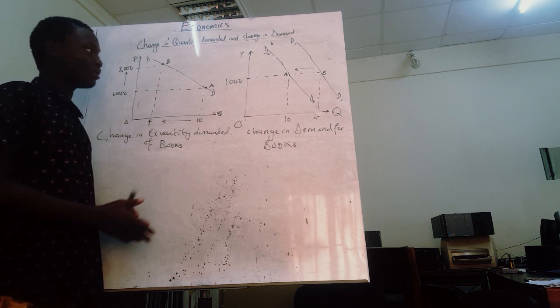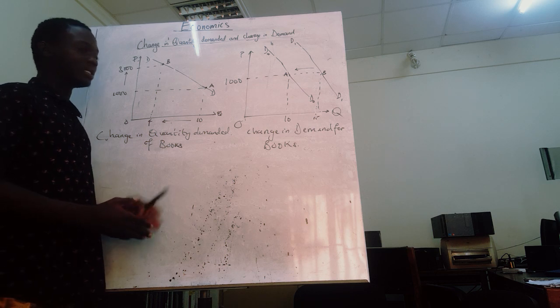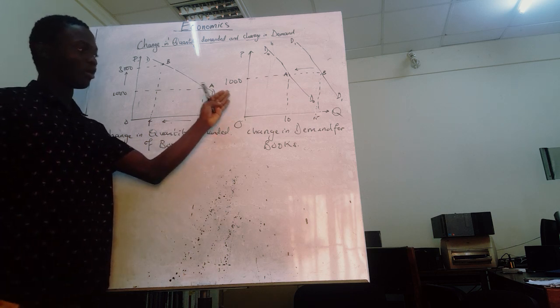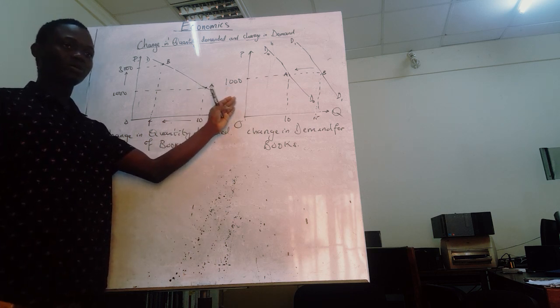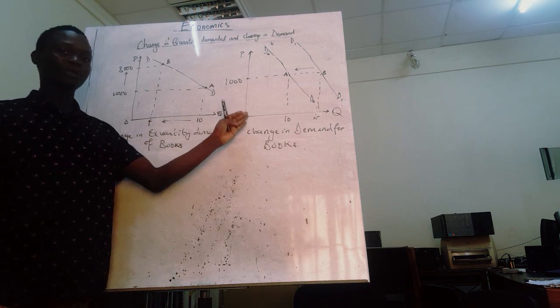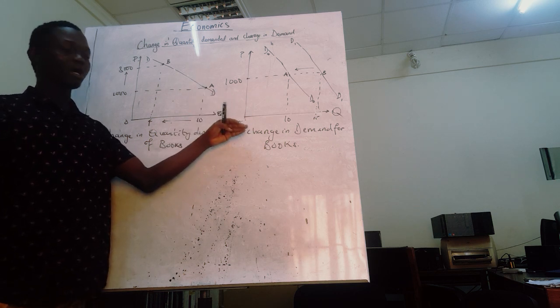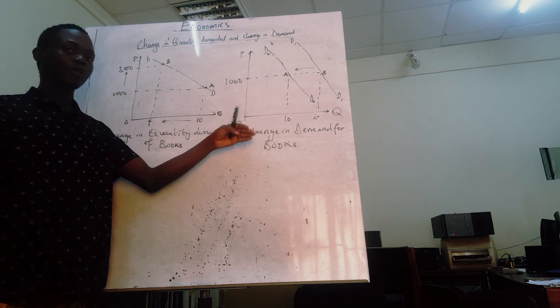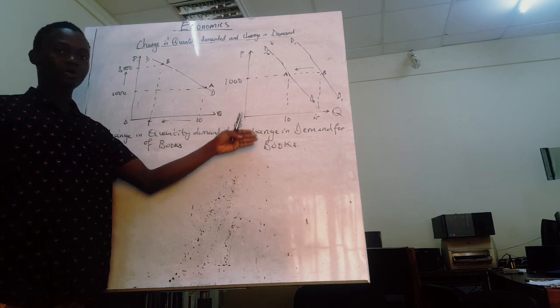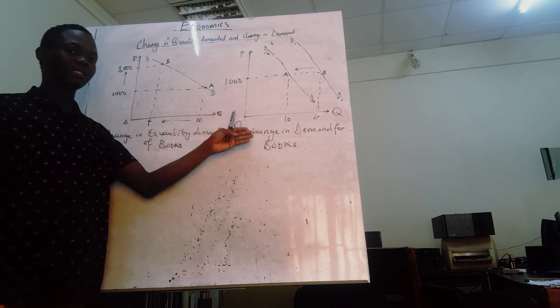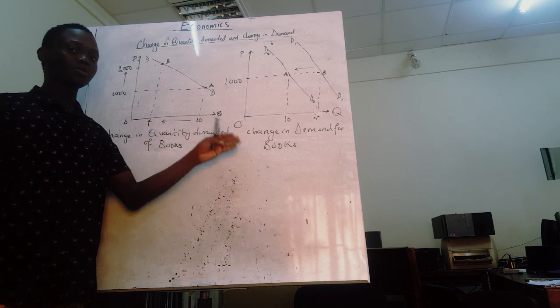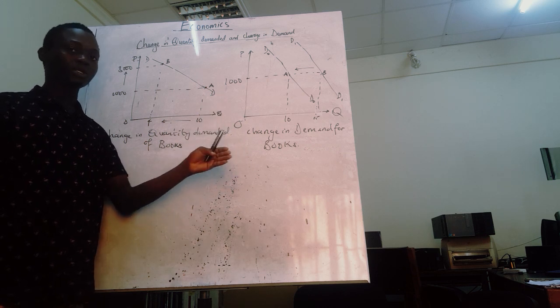So in our case, we have income affecting demand. This is what we call change in demand. So don't mistake these two terms. Change in demand results from a shift of the demand curve, and the shift of the demand curve results from an external variable, which we call an exogenous variable, more technically.